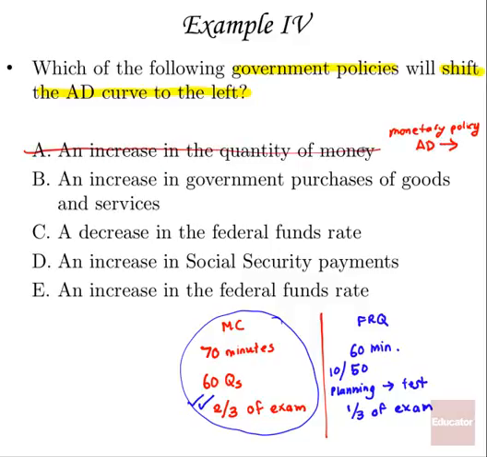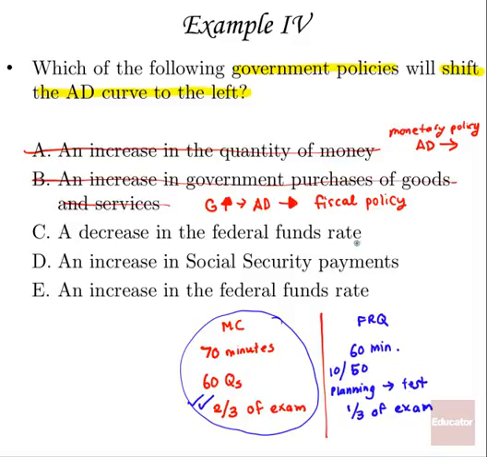Get out of here. An increase in the government purchases of goods and services. So the government increases spending, and that's going to lead to an aggregate demand increase. This, ladies and gentlemen, is fiscal policy. And this is expansionary fiscal policy, so B is a big fat no as well.